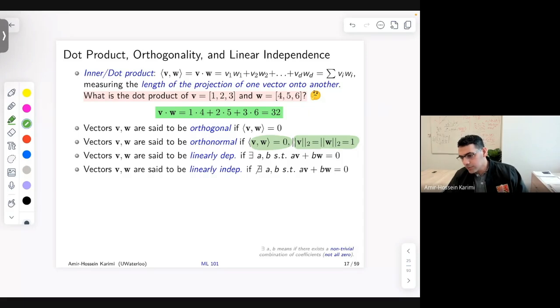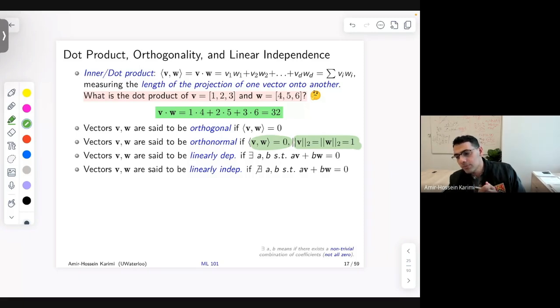This means they are unit vectors, but also they have a 90-degree angle. They're orthogonal to one another. Orthogonality is wonderful if we have it, but it's sometimes a very strict condition, difficult to obtain, and it's probably stricter than we actually need.